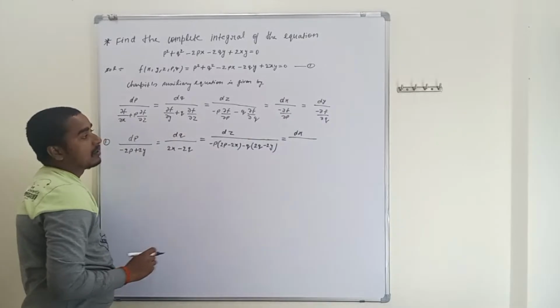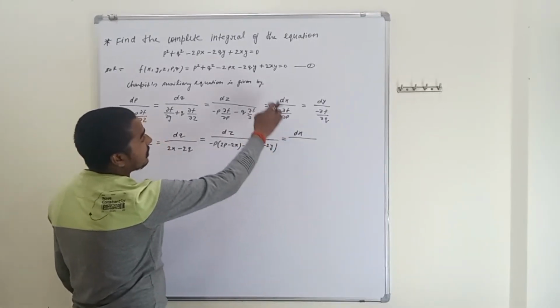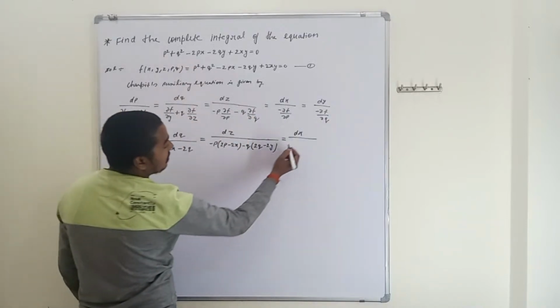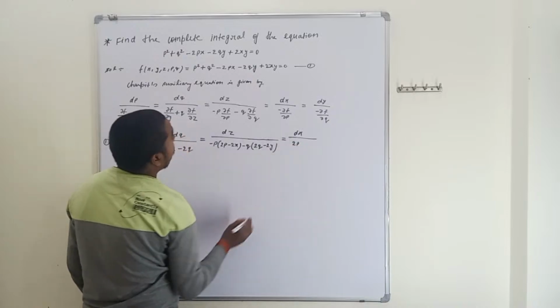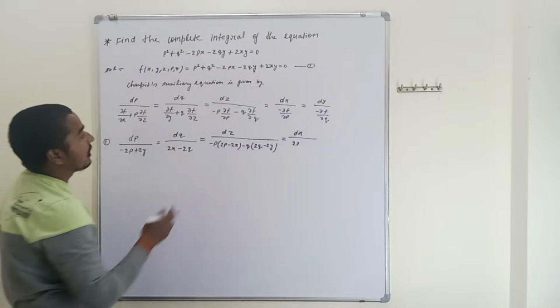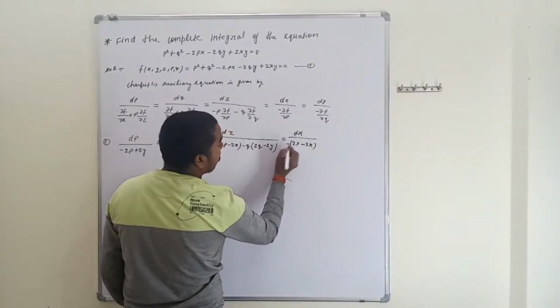Is equal to dx upon, we have to find minus del f upon del p, that is partially differentiating equation 1 with respect to p: p square gives 2p, and 2px gives minus 2x, and minus is already present.